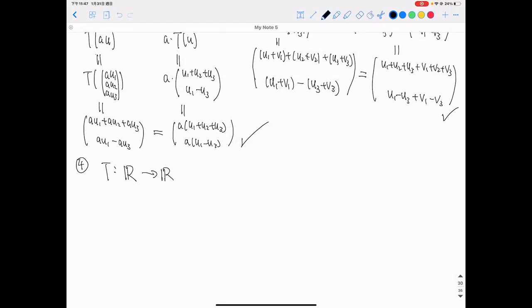Even just between R and R, there are many functions that are not linear. So this one, for example, the exponential function, is not a linear transformation. Essentially, no required properties hold for this function.